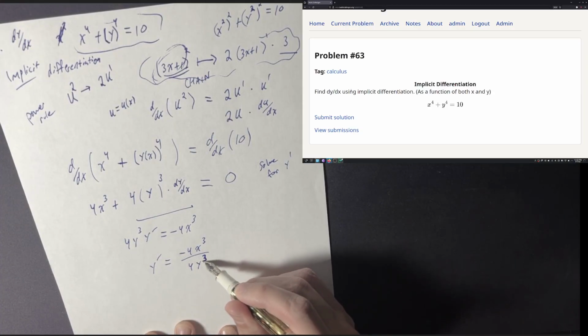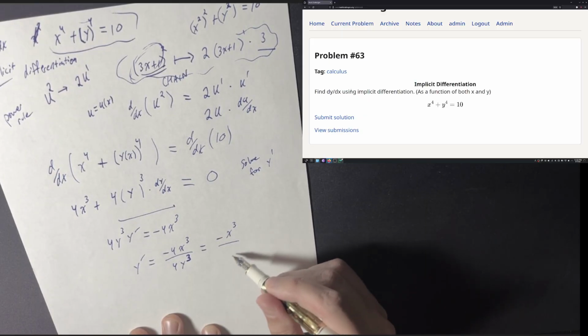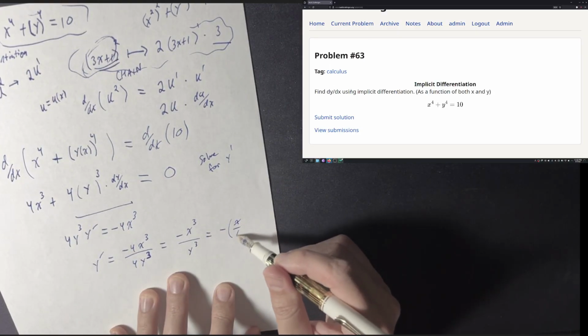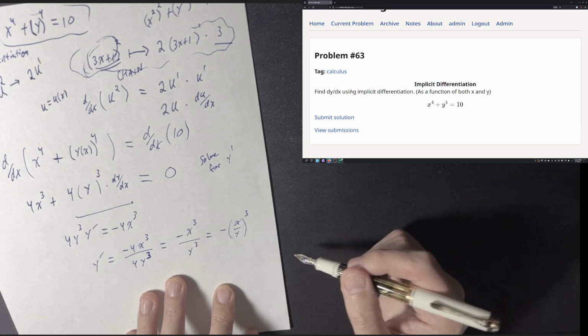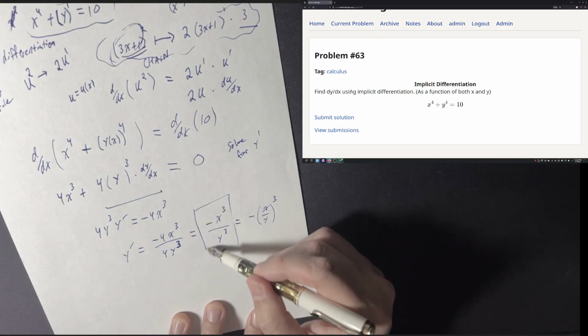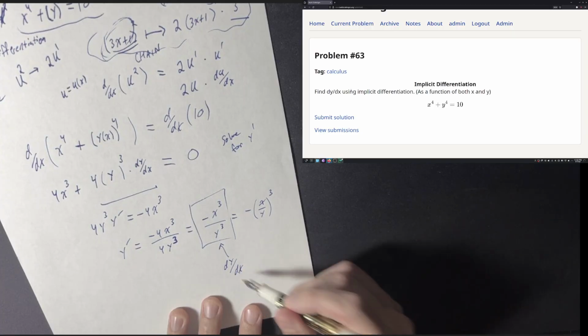And yes, the 4's cancel. Go ahead and do that. But I wouldn't do much else with this. If you like, you can write it like this, I suppose. You don't have to. This is our final answer. That's not wrong, even though it has a y in it. This formula is dy dx.